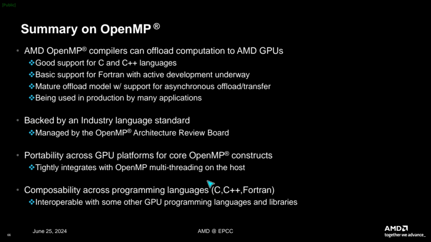So OpenMP compilers can do a lot of the work of converting code to run on the GPU. You have support for C, C++, Fortran, so you have multi-language support. You can have part of your application in Fortran, part in C. It's fairly mature.